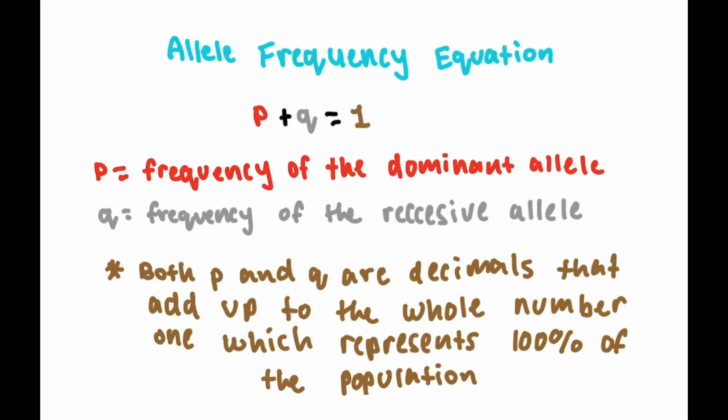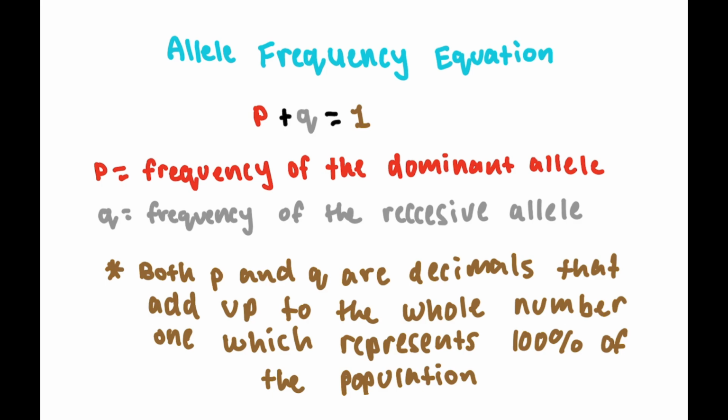Now that we've covered some basic terms, let's talk about the two Hardy-Weinberg equations. The first equation is the allele frequency equation, which is P plus Q equals 1. P is the frequency of the dominant allele as a decimal, and Q is the frequency of a recessive allele as a decimal. These are both the percentages of the frequency of the allele written in a decimal form.